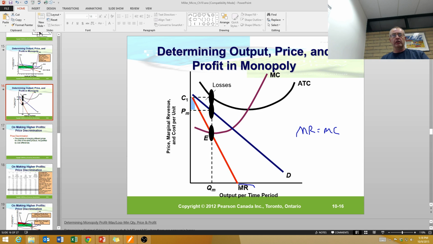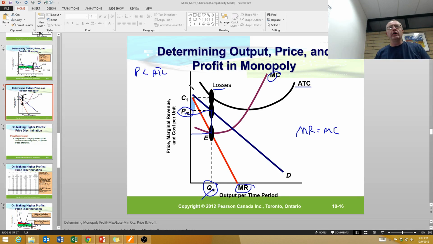So here's our marginal revenue curve, here's our marginal cost curve, they intersect right here. Our price is determined by the intersection of this quantity with the demand curve, and then we read off the price here. So if our price is still below average total cost at this level of output, then we'll have economic losses. So if price is less than average total cost, we're going to have economic losses.